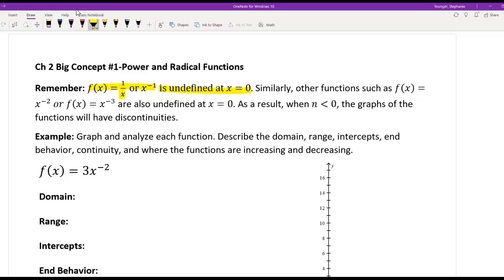Similarly, other functions such as f of x equals x to the negative 2 or f of x equals x to the negative 3 are also undefined at x equals 0, and that is because you cannot have a denominator of 0. As a result, when n, that exponent, is less than 0, the graphs will have discontinuities, aka we're going to have what we call asymptotes.